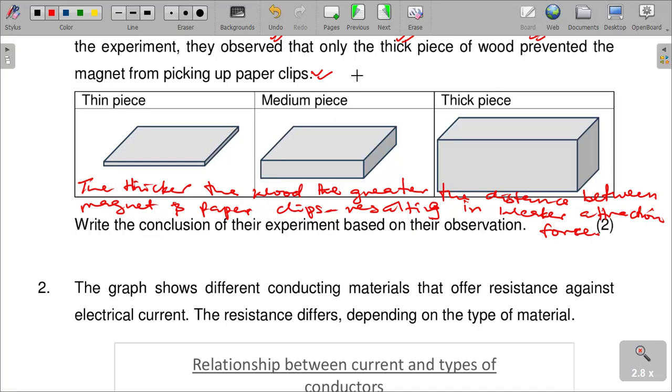And then we can also say that the closer the magnet and paper clips are to each other, the stronger the attraction force.